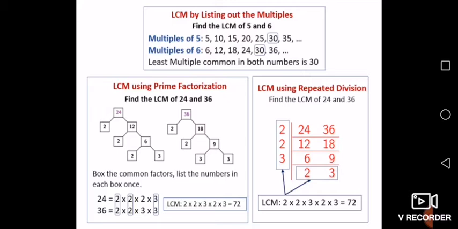Now the third method is LCM using repeated division.